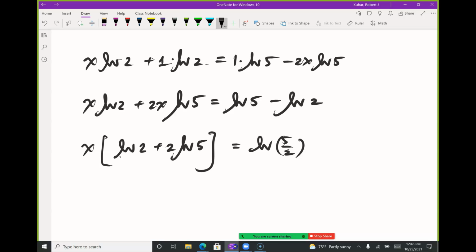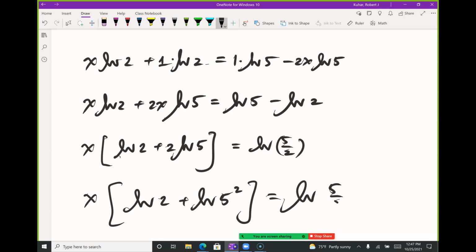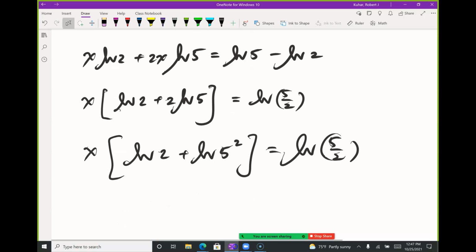2 ln of 5, I can do that one little property in reverse. That's ln of 5 squared. Right? And 5 squared is 25.